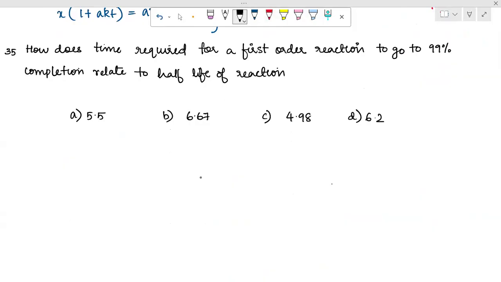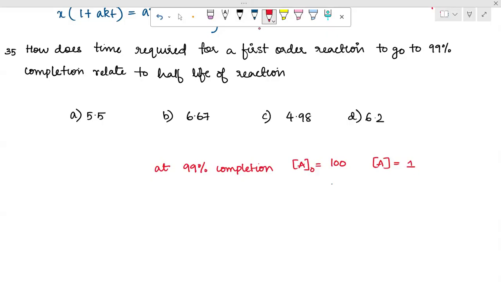They have asked 99% completion. So at 99% completion, let's say that your initial concentration was 100, your final concentration would be 1 because 99% is complete and you have only 1% left.